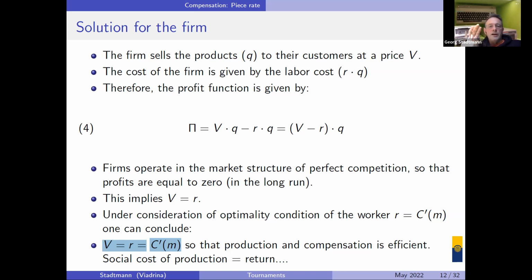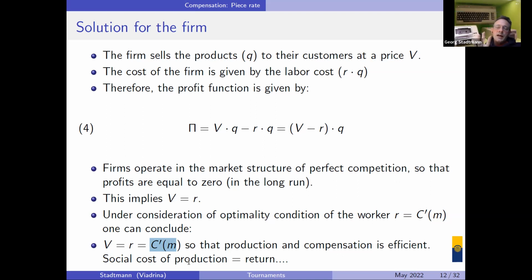Once more, when it comes to this competition, the optimal effort level is determined by V. This is a price the spectator will pay for the competition. This will affect in the end how large M is.